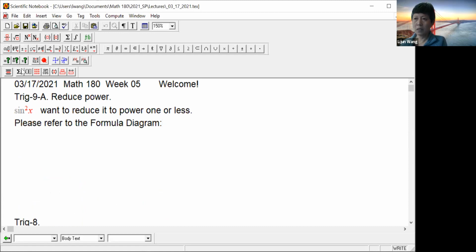In that diagram, you will see sine squared of alpha is equal to 1 minus cosine 2 times alpha, divided by 2.